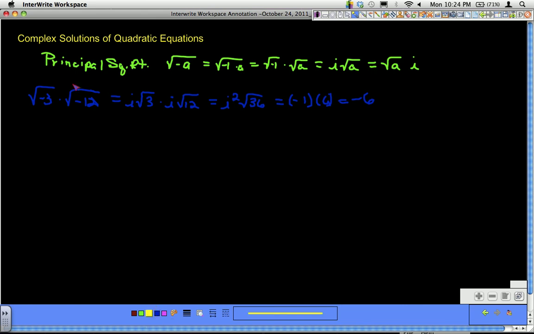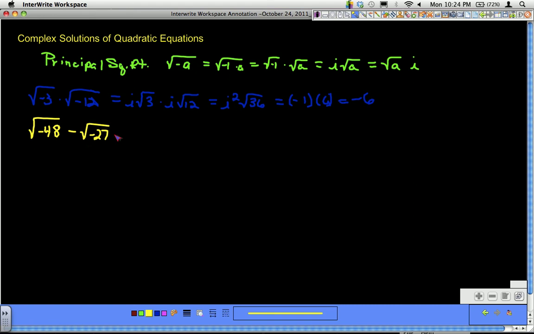Alright, what about another one here? We did a multiplication, let's do a subtraction. So square root of negative 48 minus square root of negative 27. Now I can't just put these together and say, oh yeah, it's negative 48 minus a negative 27. So I've got to deal with these by pulling that i out as well.